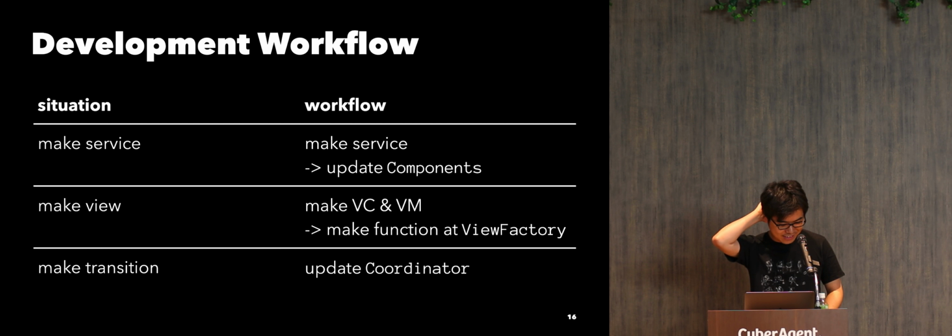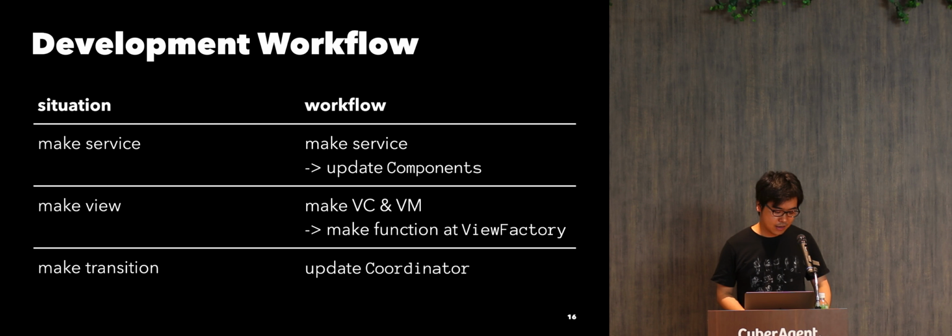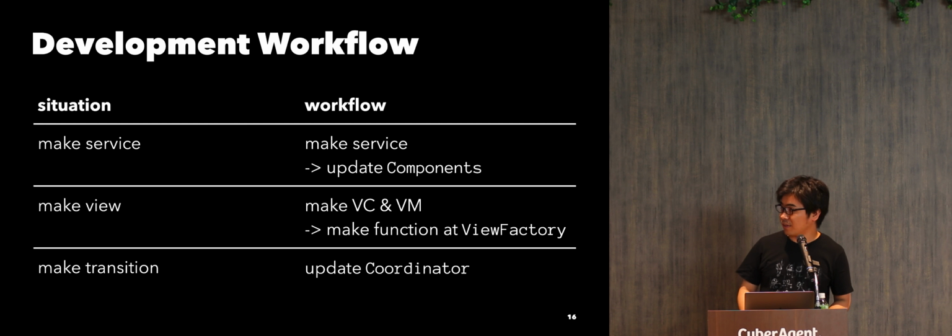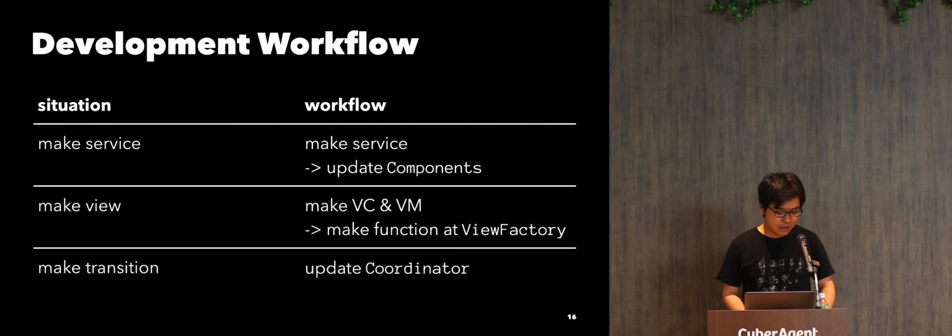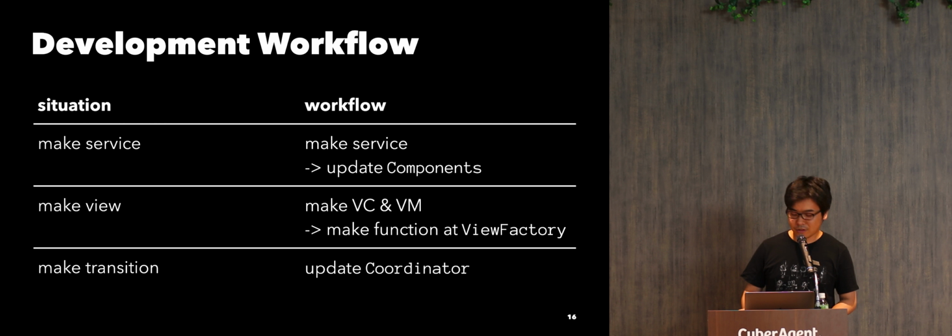Okay. And this changed the development workflow a little bit. I actually used this architecture in my production app at my previous company with two other engineers, and I think it worked well. For example, if you want to make a service, just make the service and add it to components, which is a container for services. So there is no need to touch any view layer objects. And if you want to make a view, just make a view controller and view model if possible, and add functions to the view factory.